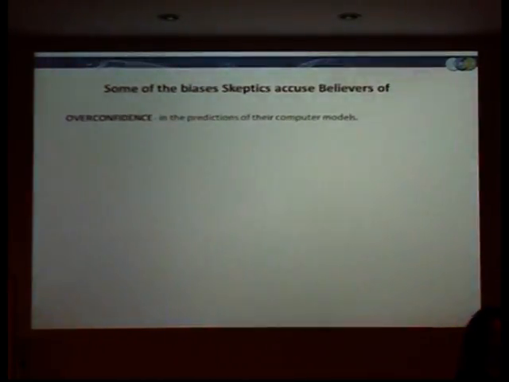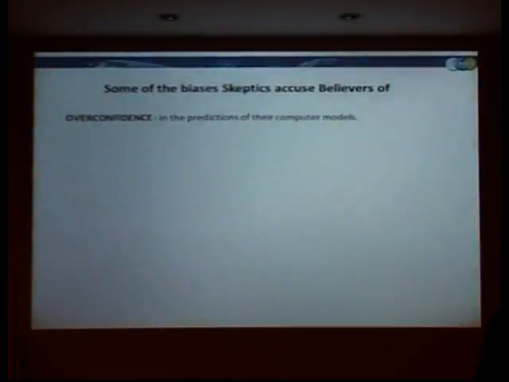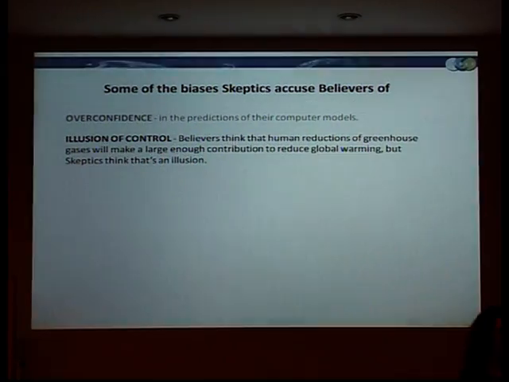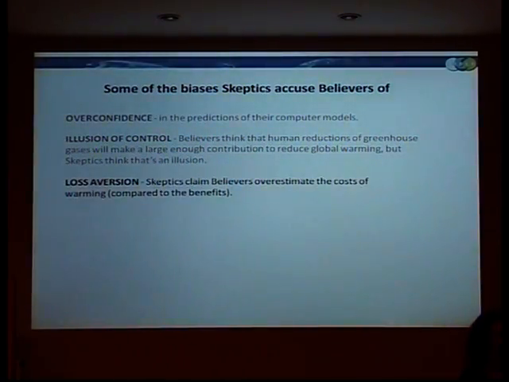They say that basically the believers are overconfident in the predictions of their own models. They say that the believers think that human reduction in climate change will make a large enough contribution to reduce global warming, and the skeptics think this is an illusion. There's this thing called loss aversion. The skeptics claim that the believers overestimate the cost of warming compared to the benefits, which is another cognitive bias.